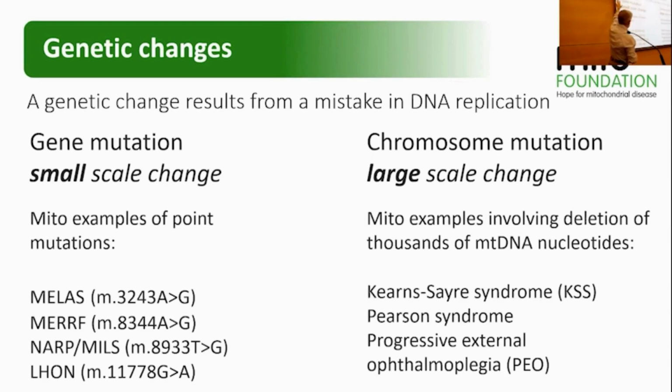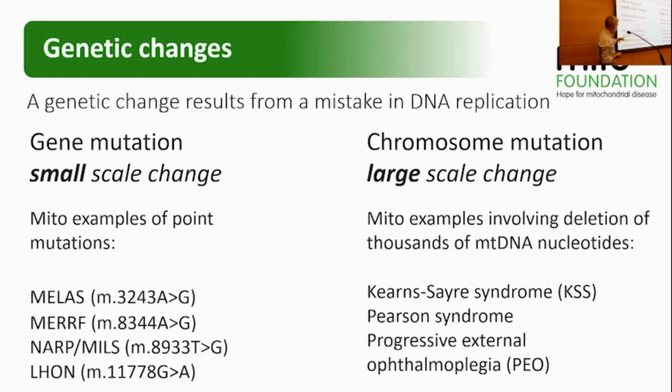So here's an example in terms of mitochondrial DNA with these small scale changes, and some of the terminology that many of you will be very familiar with. In MELAS, the most common change is called m.3243A>G, so that's a one-letter change.